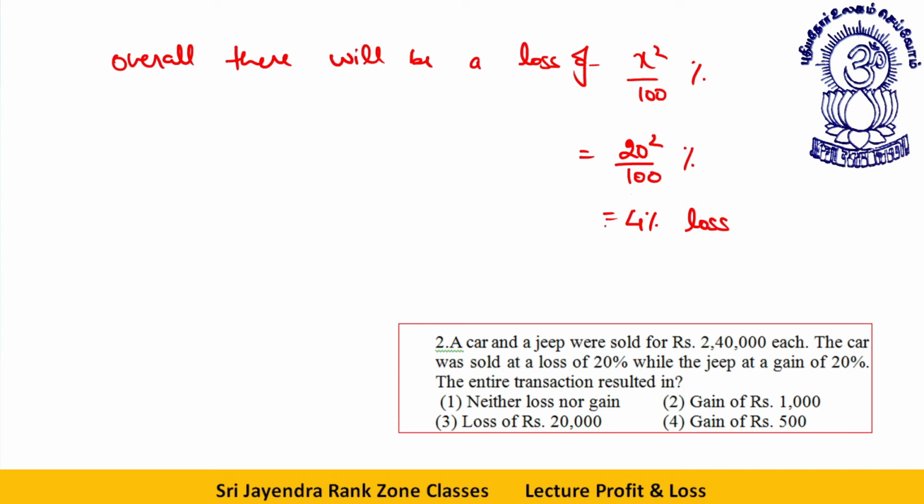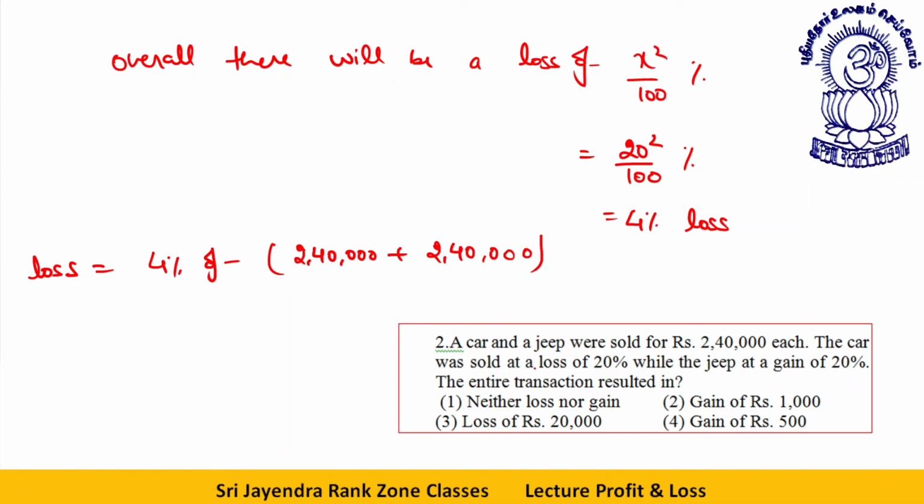Okay. The entire transaction resulted in. Now, this loss is equal to 4% of 2,40,000 plus 2,40,000.